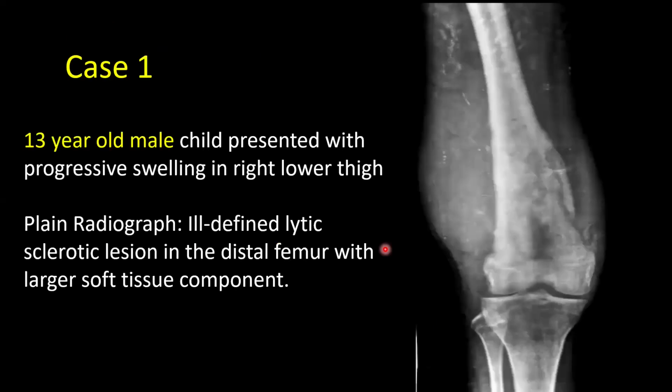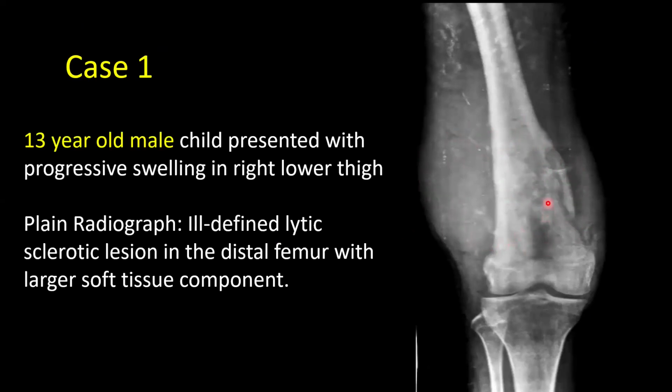So I'll be showing the cases. Basically, that will be very helpful to the residents. This is a case of a 13-year-old male patient presented with progressive swelling in the right lower thigh. This plain radiograph AP view shows ill-defined lytic areas as well as bony sclerosis, some dense bone formation in the peripheral area, and a huge soft tissue component.